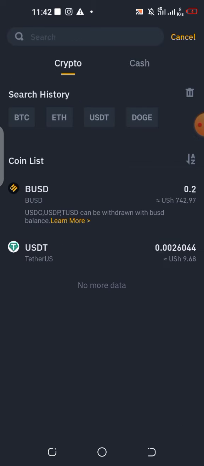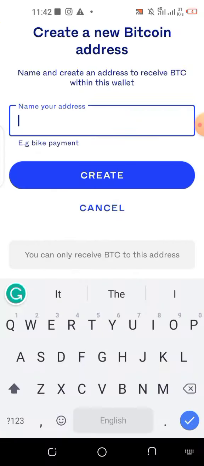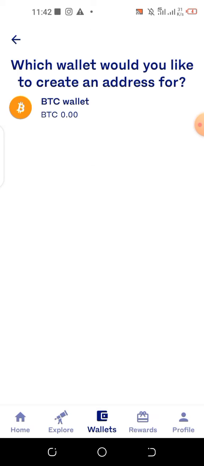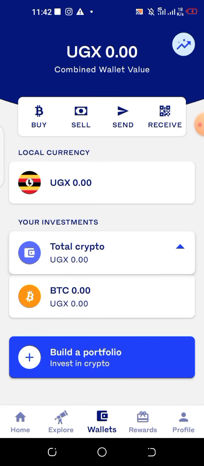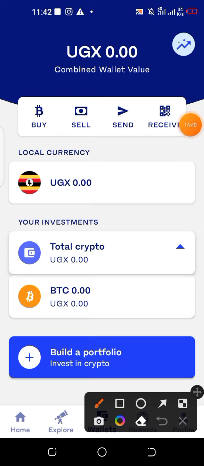After putting the address, it will take a little bit of time, then it will arrive in your wallet. Definitely when it is on Luno, you come to wallets. I hope you're seeing where wallets is. You come to wallets here.